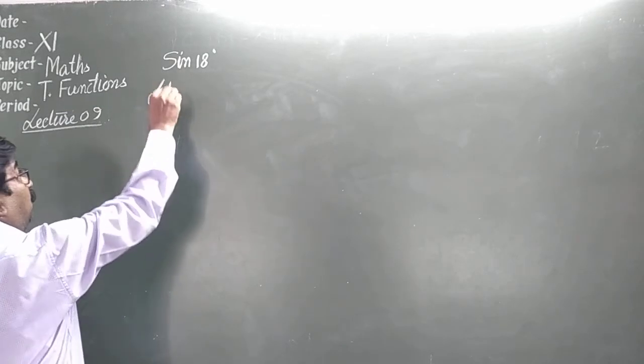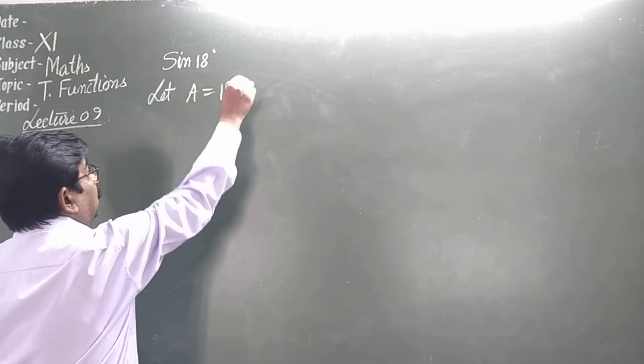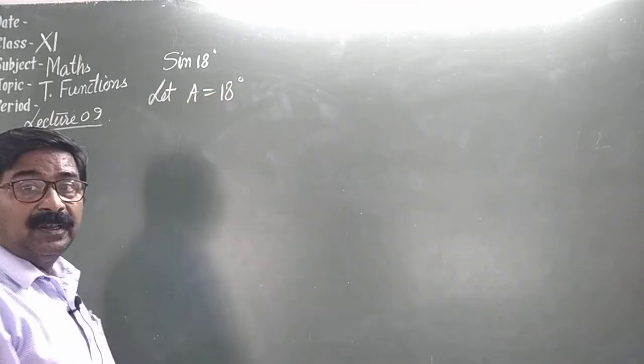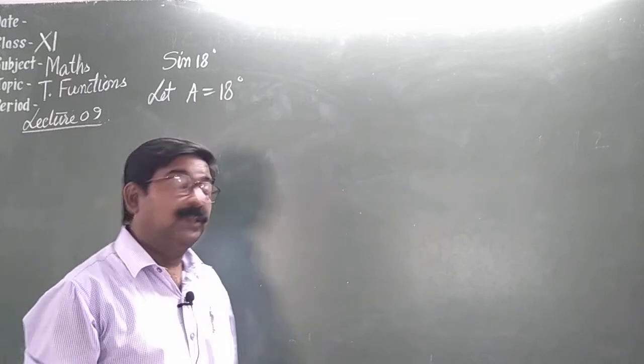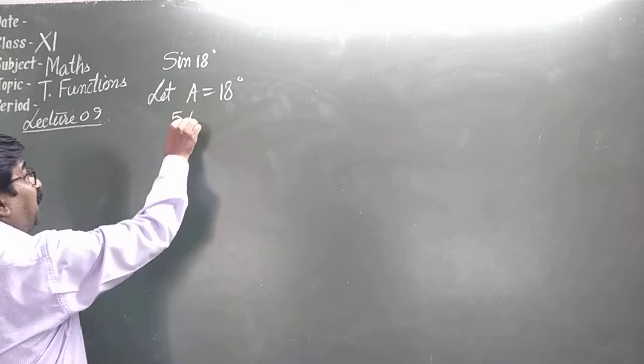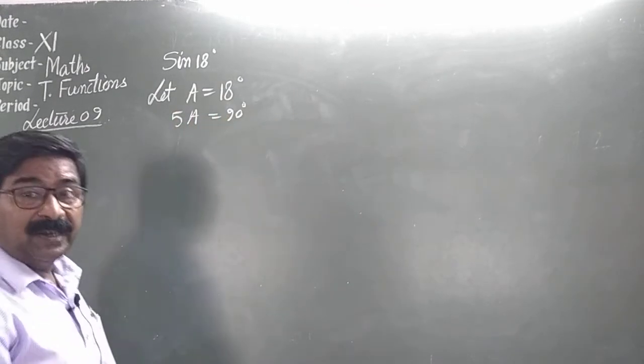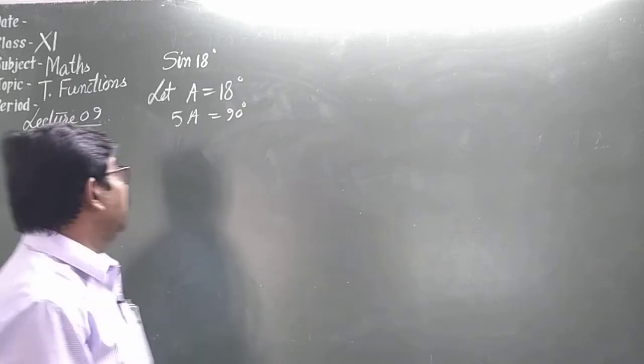It is a theorem. Let A is equal to 18 degrees. Got it? A is equal to 18 degrees. So we can write 5A is equal to 90 degrees. 18 fives are 90.